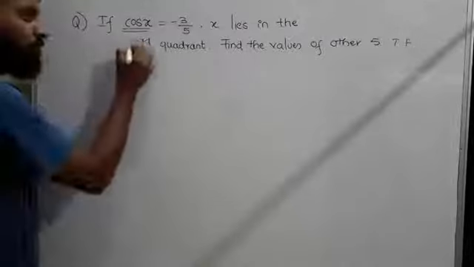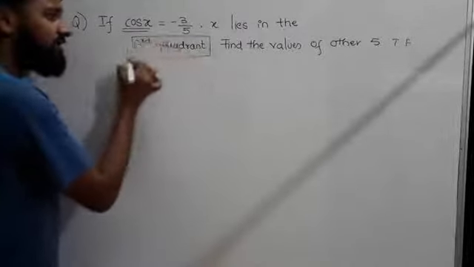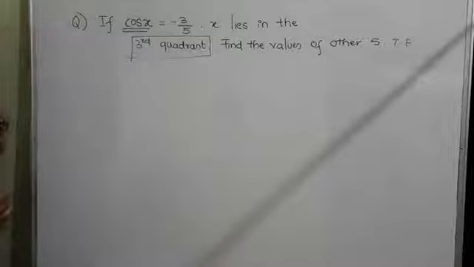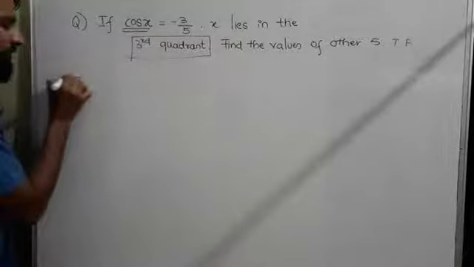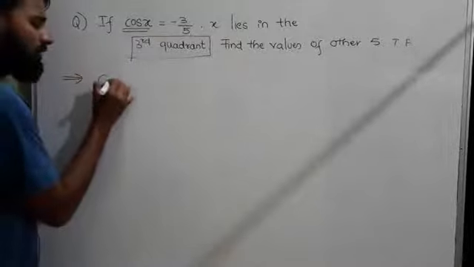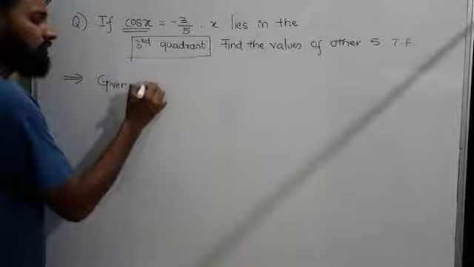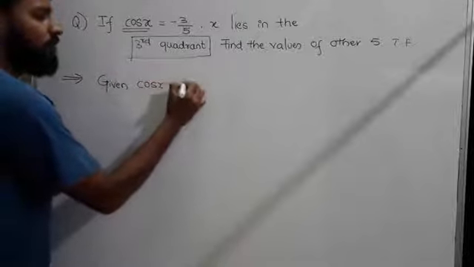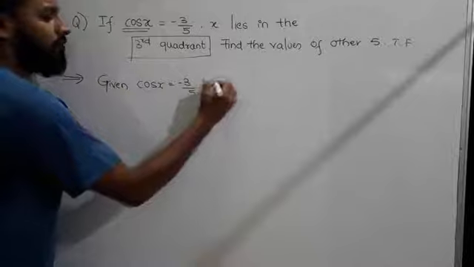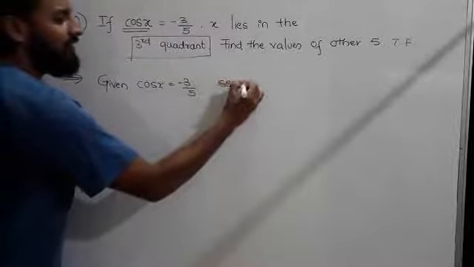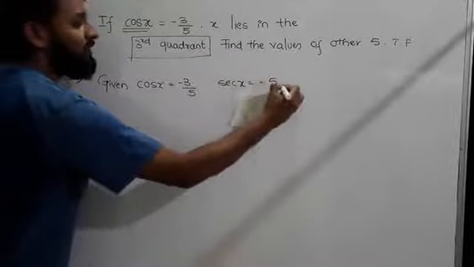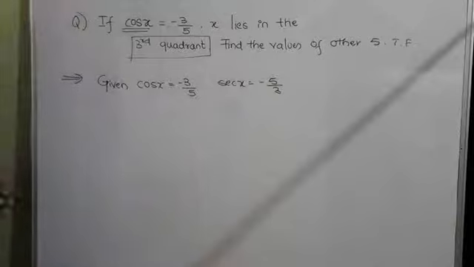And this is very important: x is lying in the third quadrant. I have been given cos x equal to minus 3 by 5. From this, I can easily write sec x, which will be minus 5 by 3. Yes or no? Because they are reciprocal to each other.